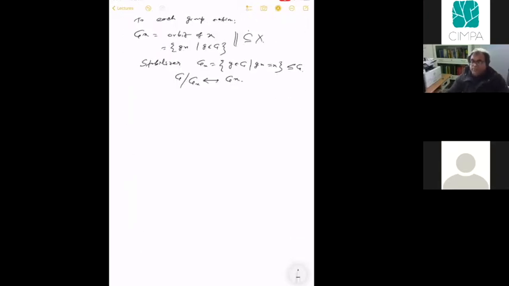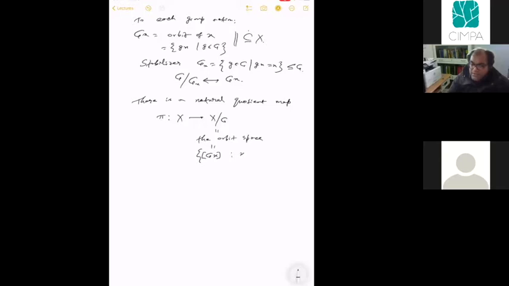Now, there is a natural quotient map pi, which is X to X mod G. This is the orbit space, equal to the set of G x such that x in X. So you are considering every orbit as a point, and that gives you a new topological space.